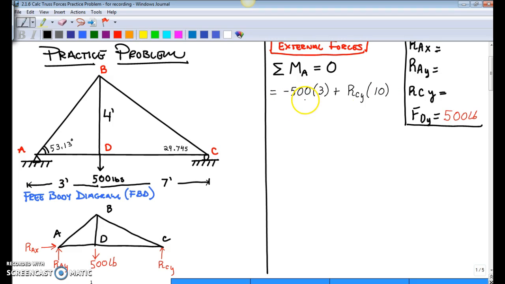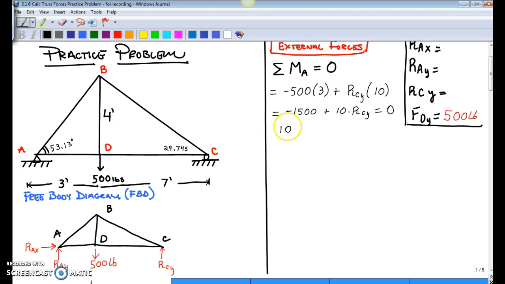So moment at D plus moment at C should equal 0. So I'm going to write that out, negative 1,500. And the units would be foot-pounds. Plus, I'm going to rearrange, 10 times reaction C in the y direction equals 0.